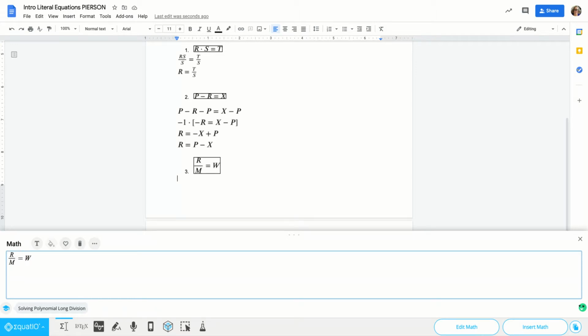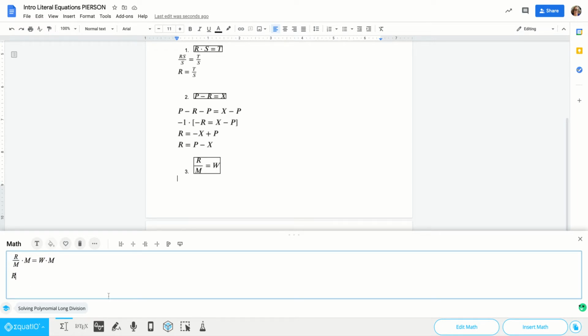So the multiplication sign is, let's see, so I'm putting my cursor just next to the fraction, and then I'm going to do the multiplication sign. That's the star above the number 8 on your keyboard. And then M. And then I'll do the same thing on the other side. So multiply that times M. So this M and this M now cancel.